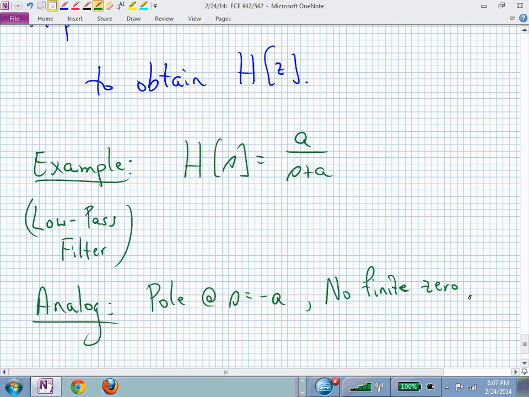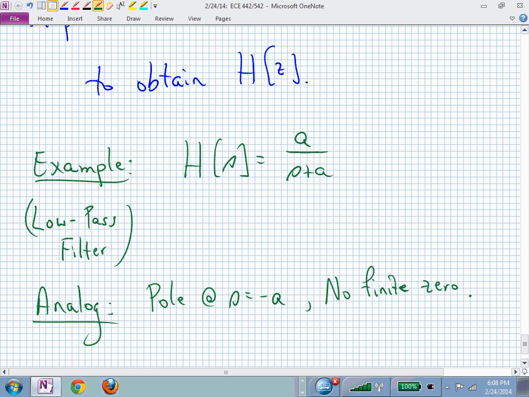There's only one s because s is raised to the first power. We only have one infinite zero, and we just refer to it as a zero at infinity. We don't really distinguish whether it's positive or negative. It's just out there. Okay? But we have no finite zero in this transfer function. That clear?